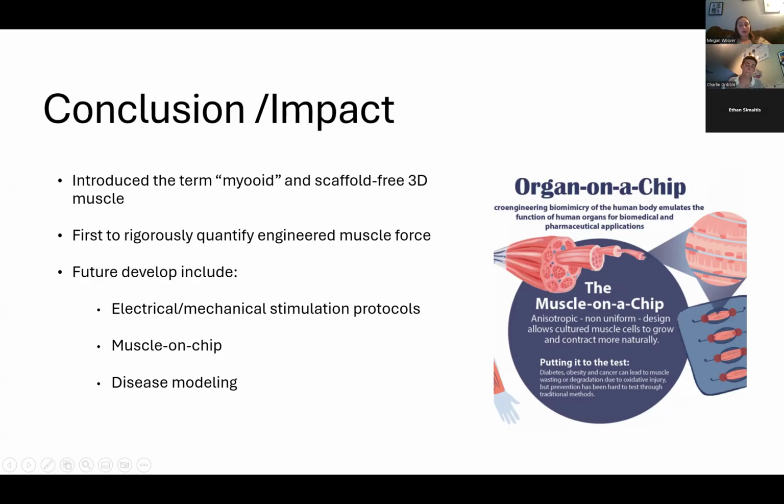Second, integrating myodes into muscle-on-a-chip systems that will allow high-throughput testing and real-time analysis in a more controlled environment. And finally, these models have strong potential for disease modeling, especially for muscle disorders, giving us a platform to study disease mechanisms and treatment in human tissue.